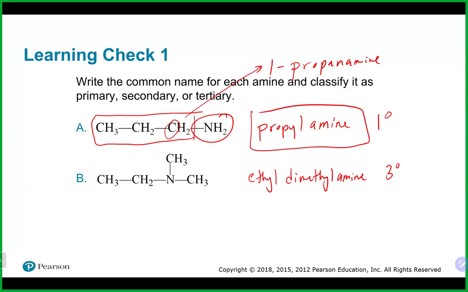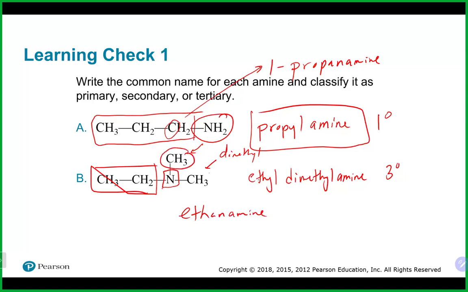Now, to show you another way you might come across of naming these, a systematic way of naming this tertiary amine is to look at the nitrogen, and we have these 2 groups here, which are our dimethyl groups. Again, the longest carbon group attached there is 2, based off of ethane, so this would be ethanamine.